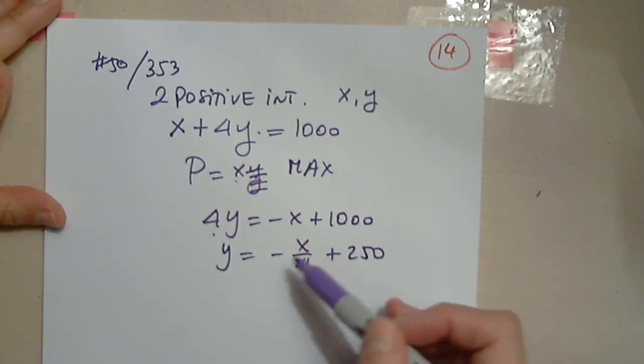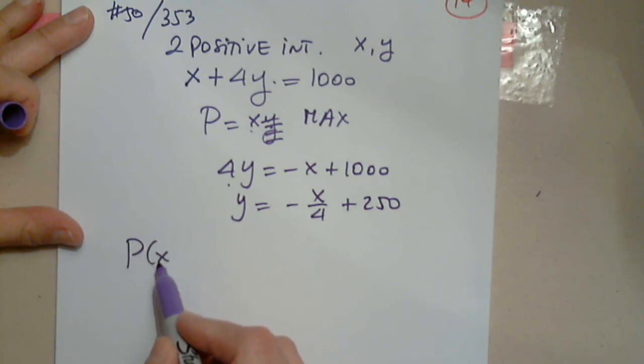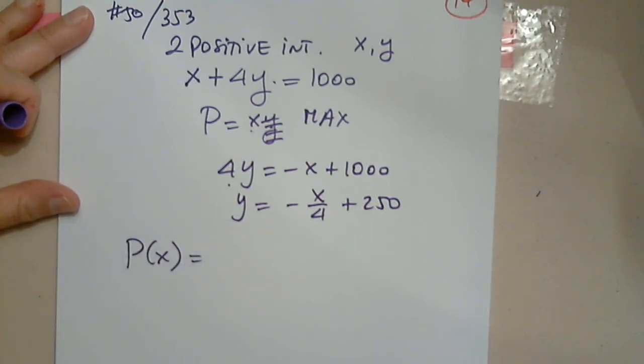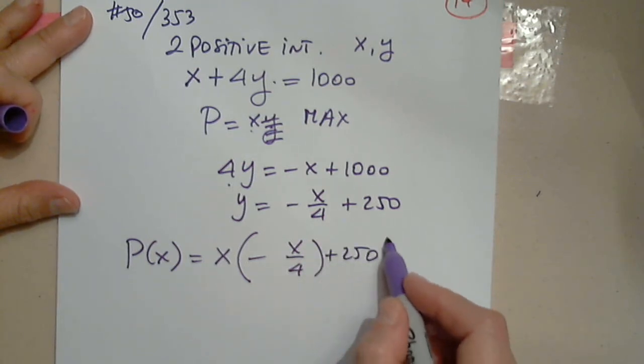I replace y in the function, and now I can say that the function is a function of x alone, which is x times negative x over 4, plus 250.